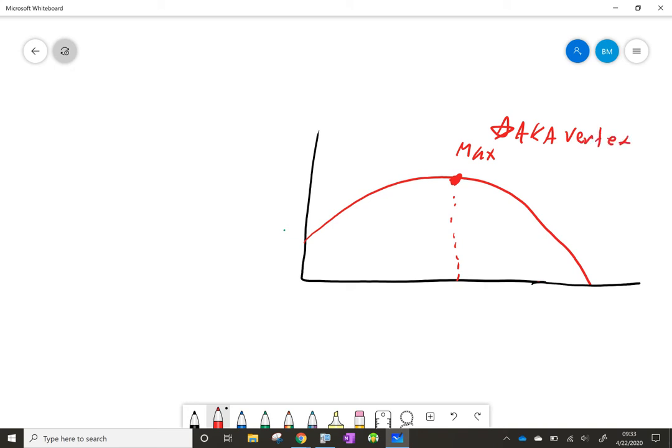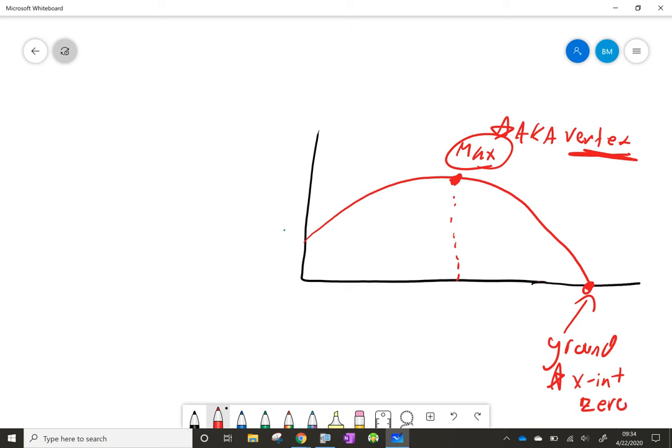So when you're asked for maximum height, you're looking for the vertex. Now, when it's asking when does the ball hit the ground, the ground is essentially an x-intercept, AKA x-intercept, or 0. So you have to read the question to understand what it's asking for.